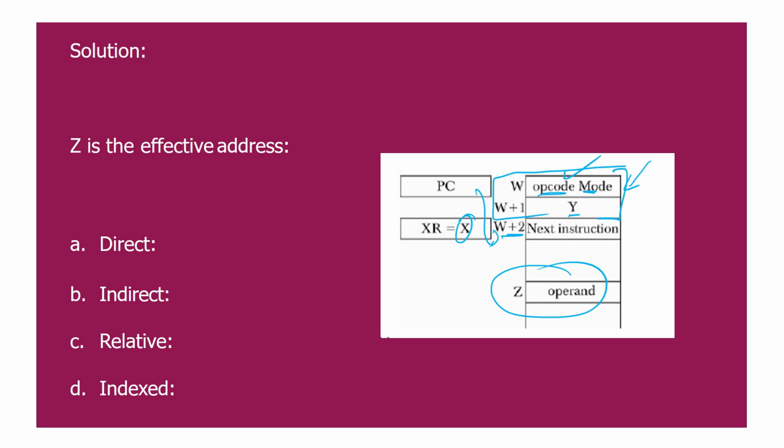So what is the direct addressing mode based value of Z? If the addressing mode is direct, the Z will be Y. So this Y will be used as it is, because this is the direct addressing mode. In the direct addressing mode, the address is given inside the instruction itself. So this is treated as the direct address.